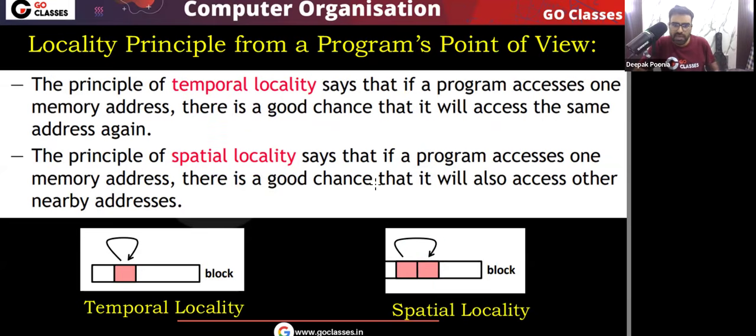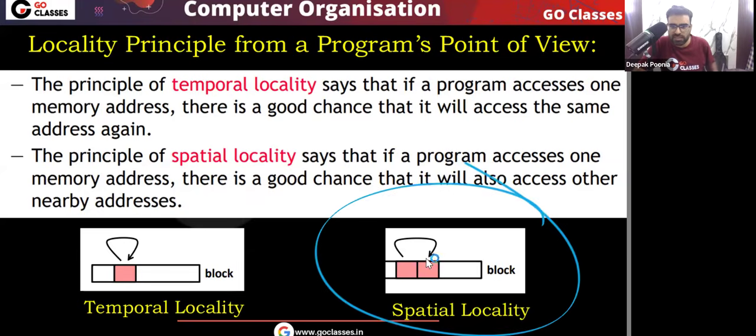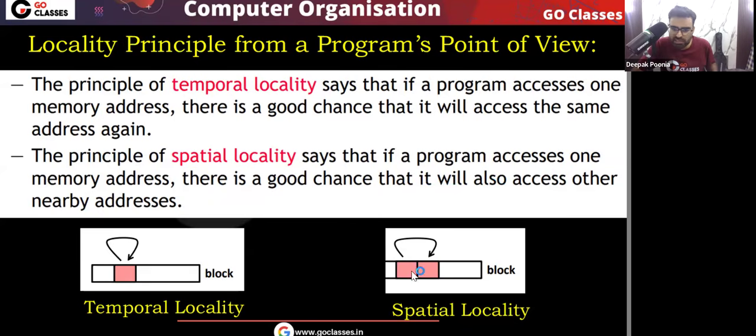You can see from this diagram, which is the diagram for spatial locality: if I access this memory address, then there is a good chance that in the near future, very soon, I will access the nearby addresses. This is called the spatial locality property.